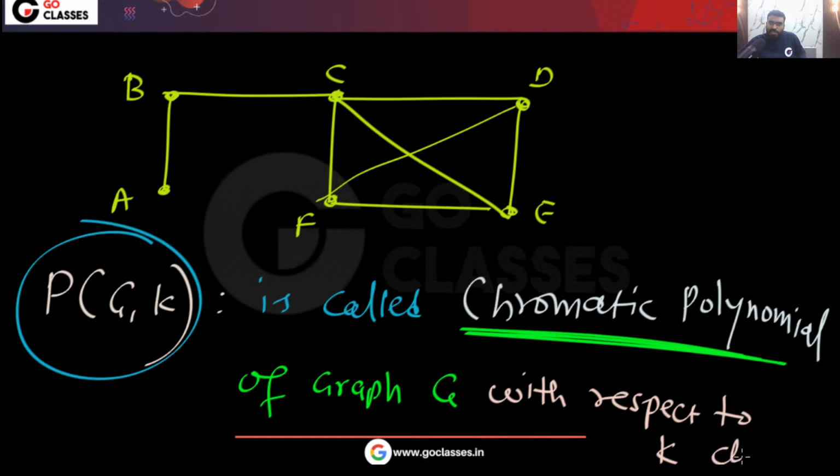This is just a word. Did you understand what I'm telling you? So what is a chromatic polynomial if someone asks you? Don't worry, they will not ask you this directly, but the number of ways you can color a graph is nothing but the chromatic polynomial.